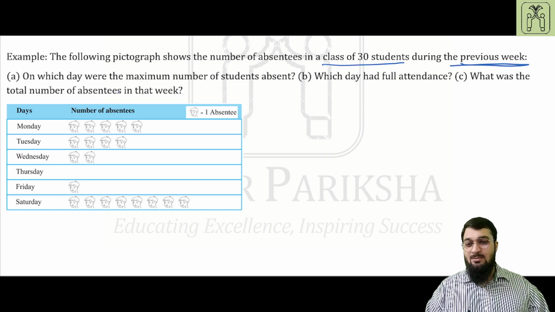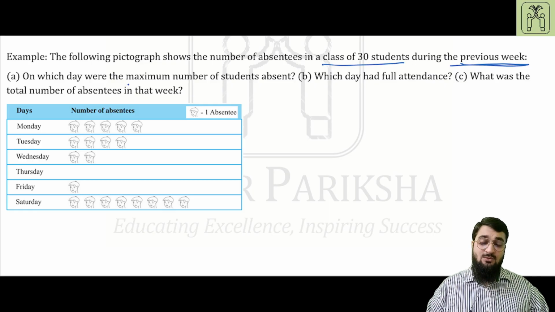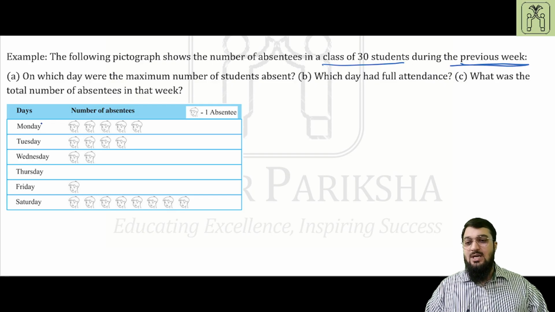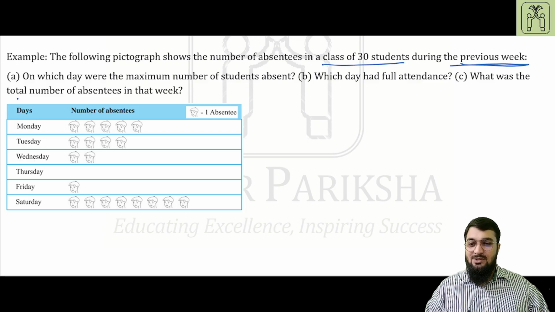Before part A, we'll understand this particular type of pictograph. Here you can see that the first column mentions the choices, just like tabular data. The second column represents the number of votes.